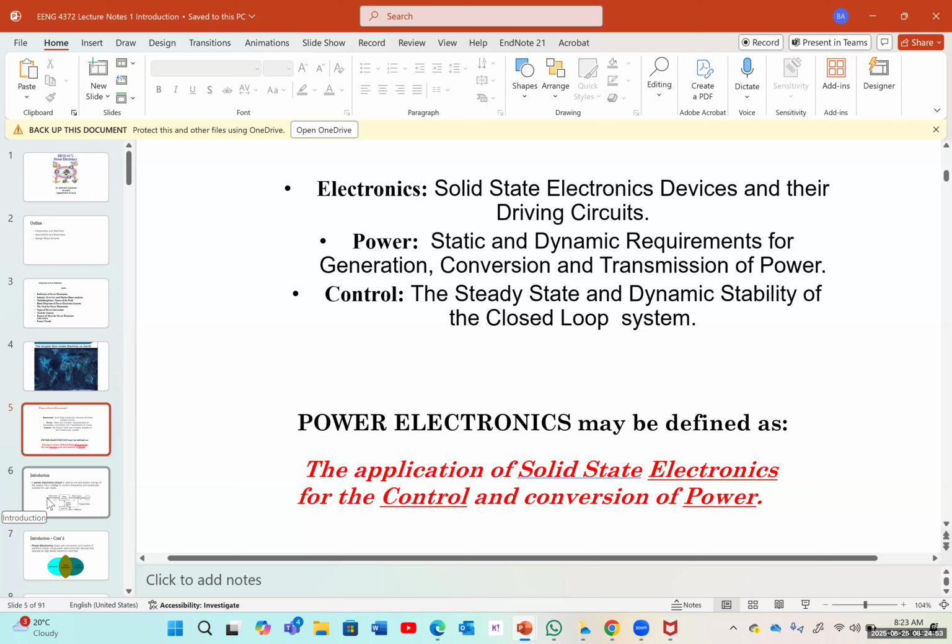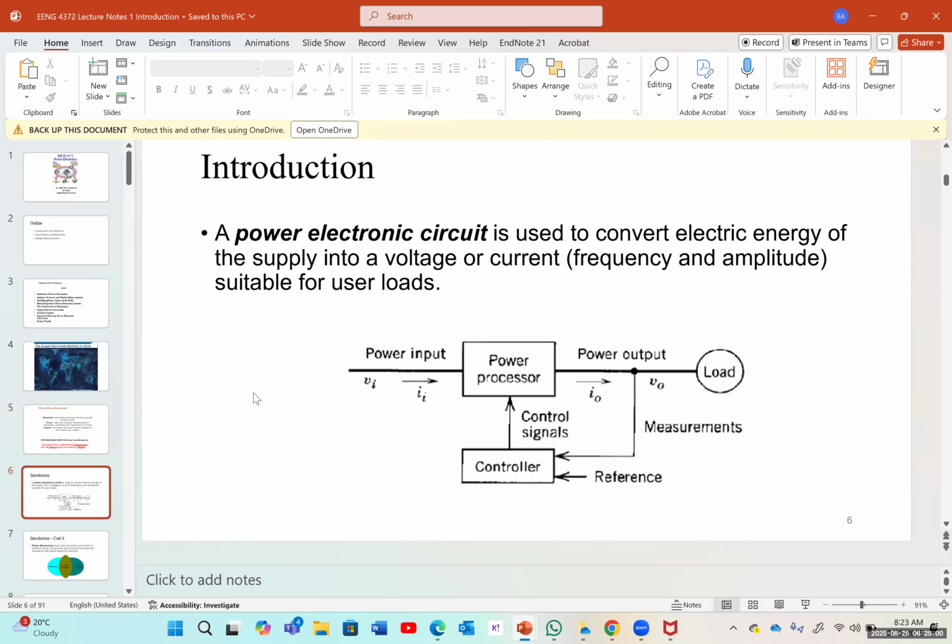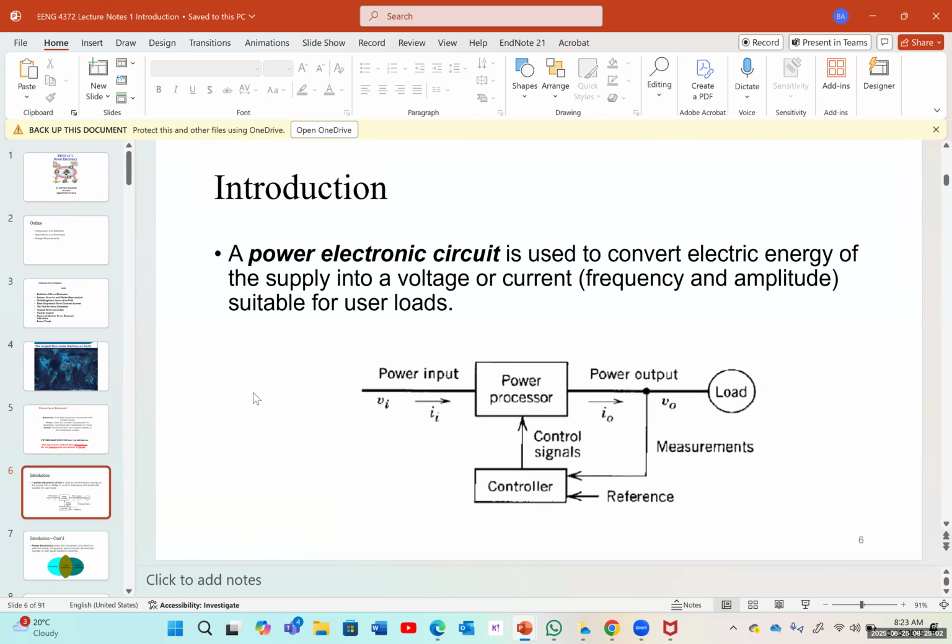The maximum voltage that we went was about 30 volts. Power electronics is everything above 100 volts and so on. So a power electronic circuit is used to convert electric energy of the supply into a voltage or current, frequency, and amplitude suitable for user loads.